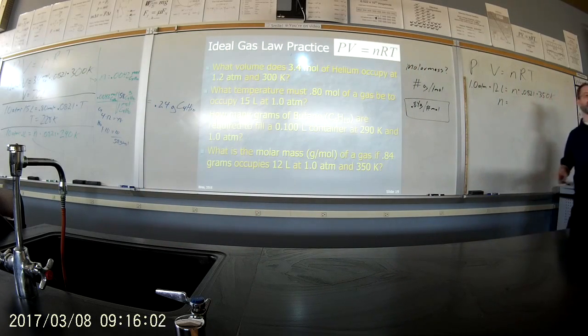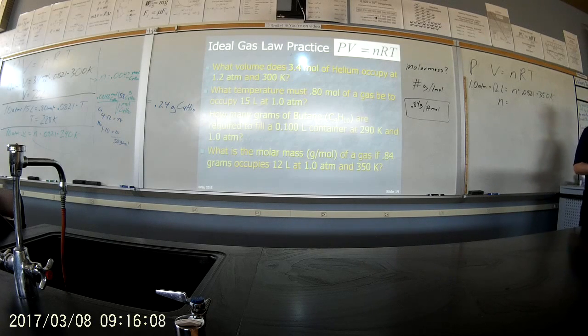Give me a thumbs up if you found the number of moles, if you were that far. Okay, give me another 30 seconds before I write it on the board.